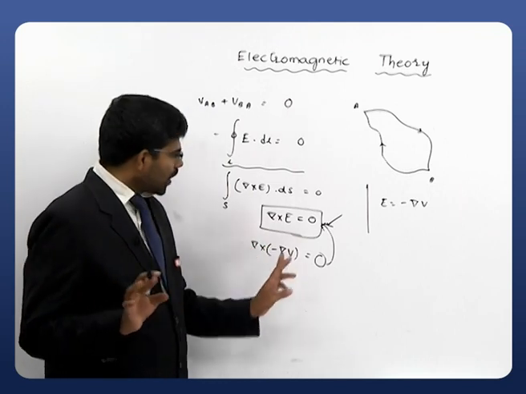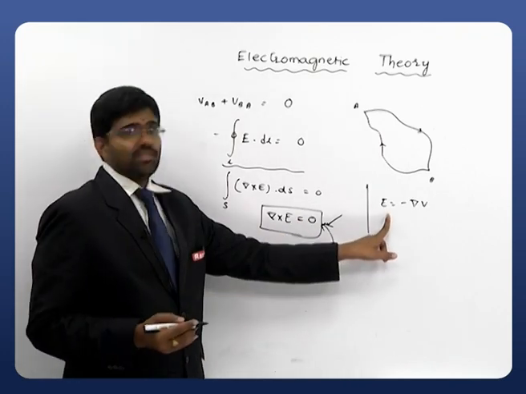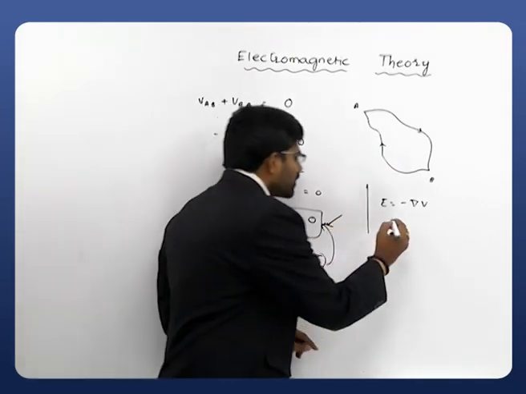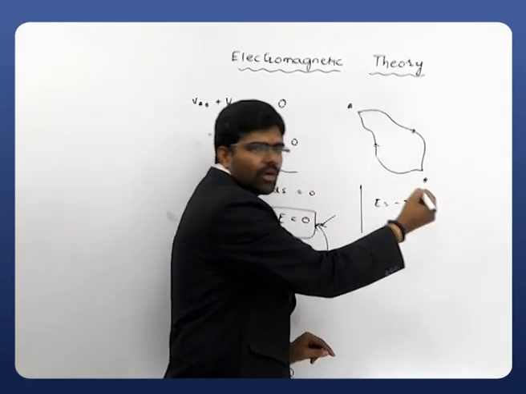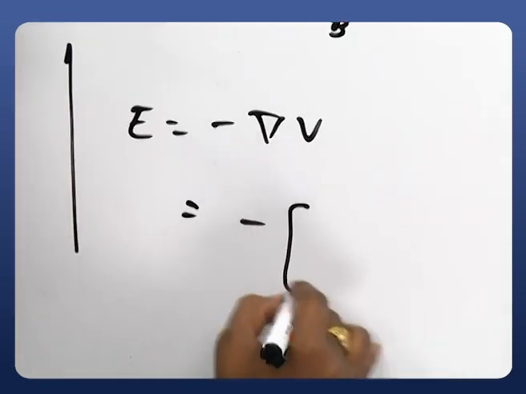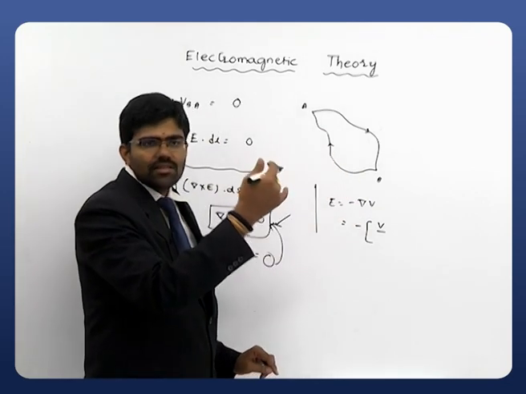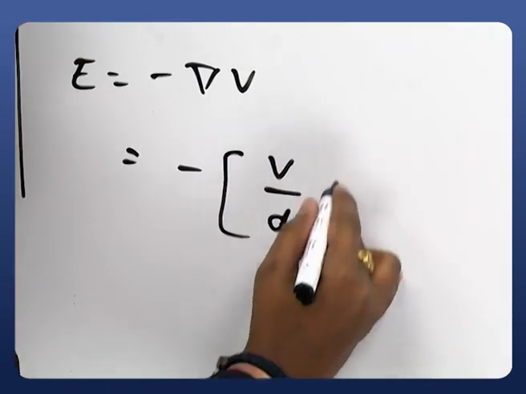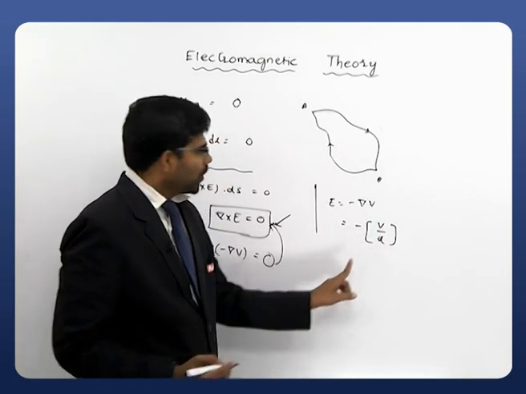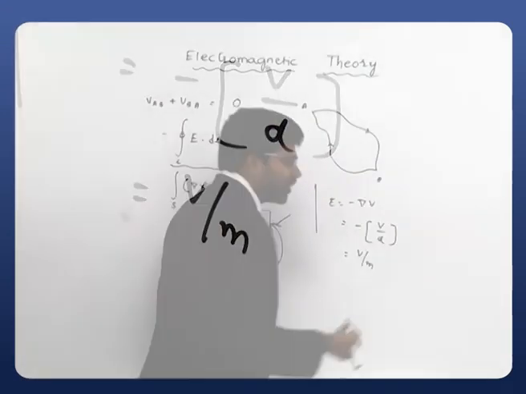Now from this, I will give you one more unit for this. Minus gradient of V is dou by dou x of V, dou by dou y of V, dou by dou z of V, right? So I will write this as the potential divided by distance, minus V by d. So electric field intensity can be written as volt per meter.